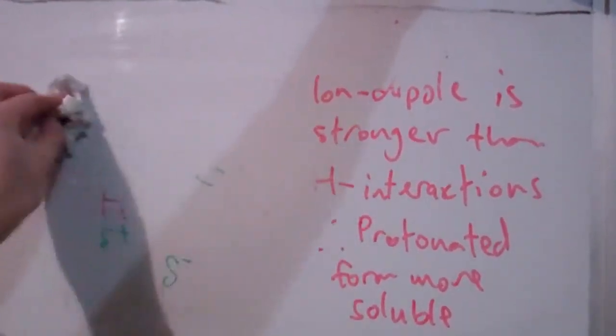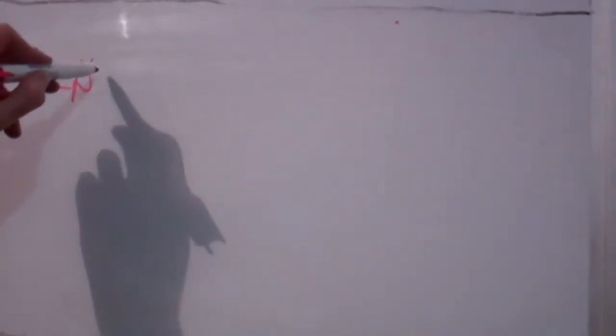So you can use this information. If you have an amine that is insoluble in water and you want it to dissolve, you can react it with an acid. So we just look at our amine.